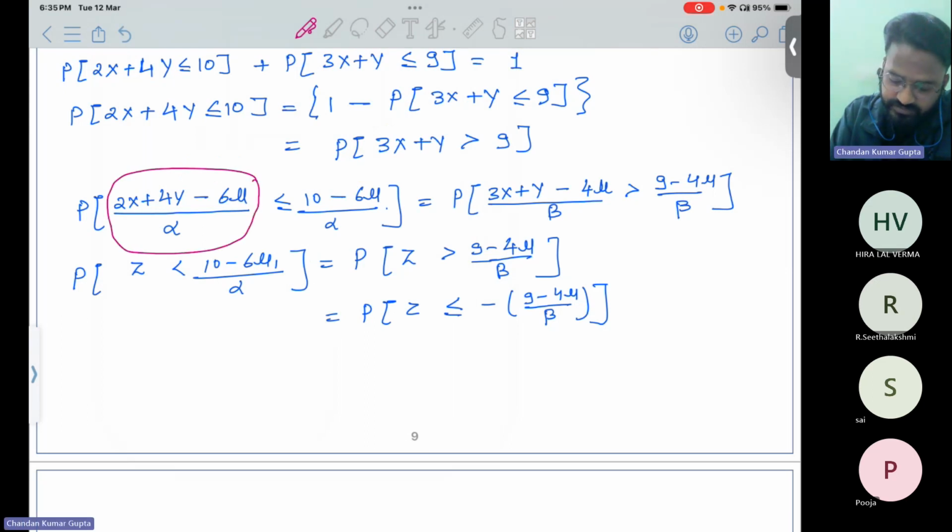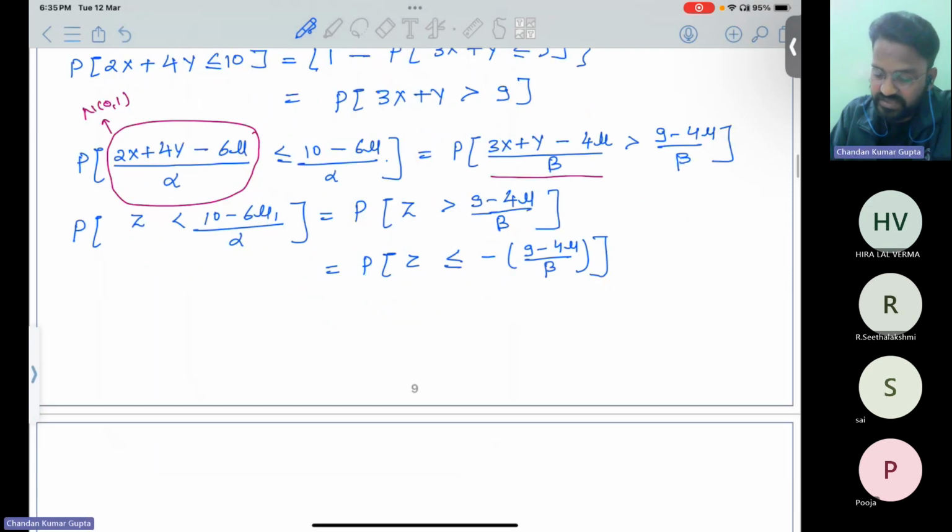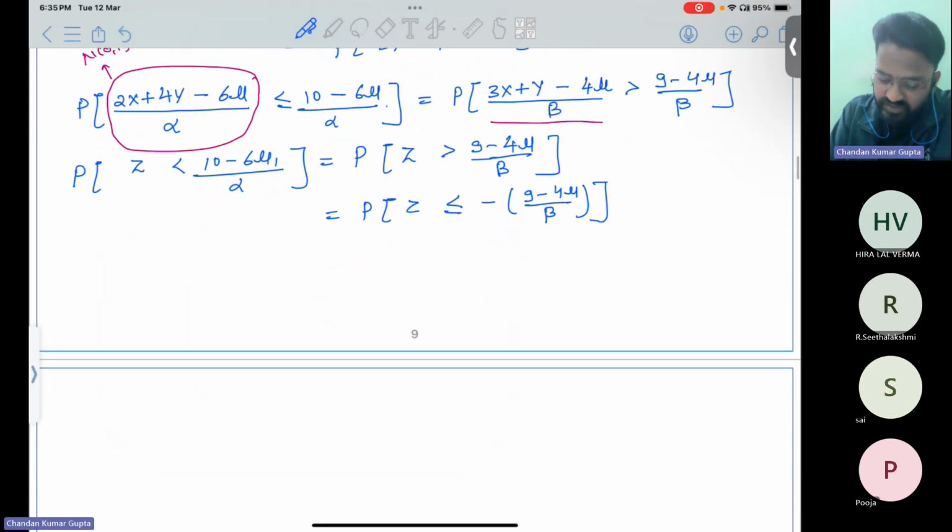This is standardized, and this follows normal 0, 1, and also this. That means both have the same probability. So this implies, after comparing, we have found that 10 minus 6 mu, not mu 1, it's mu.